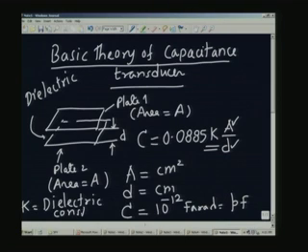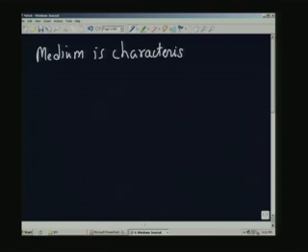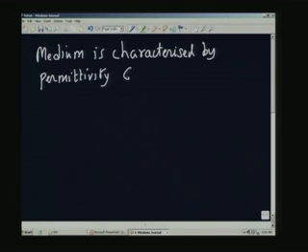And let me just digress a little bit and look at what this dielectric constant is. This is the ratio of two things. It is also called the dielectric ratio. So, any medium is characterized by what is called the permittivity. And the usual symbol used is epsilon.